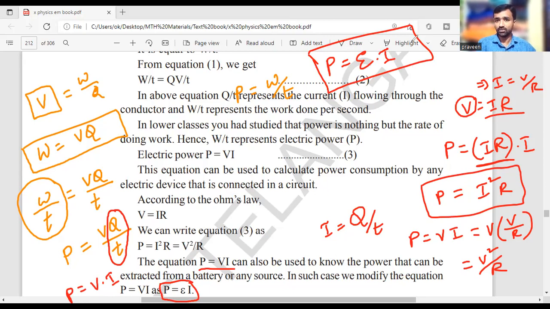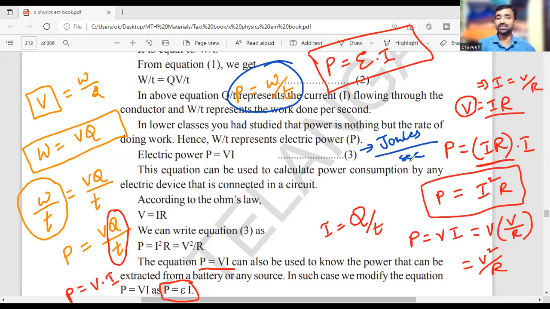So I got what power is and its equation. Then what are the units of power? Power P is equal to W by T, where W is work or energy measured in joules, and time is measured in seconds.